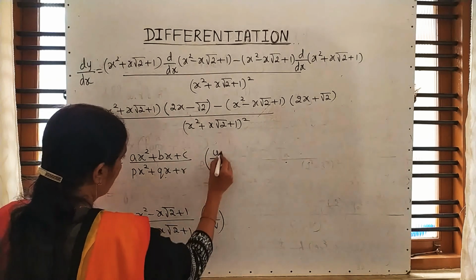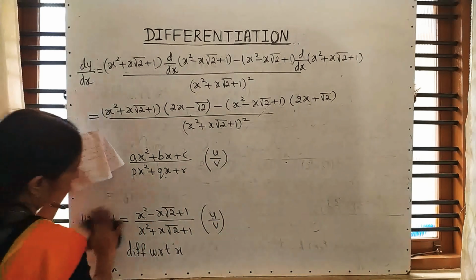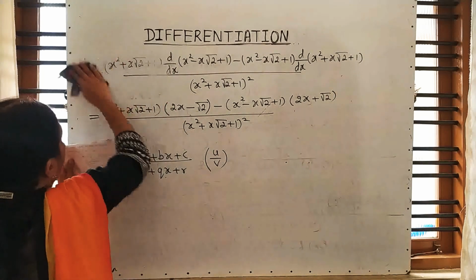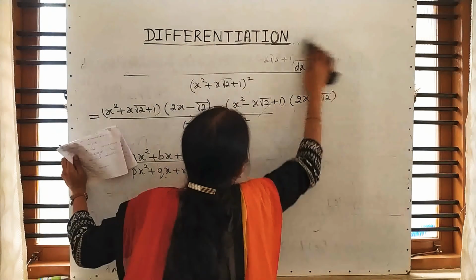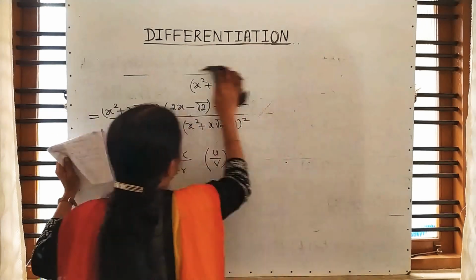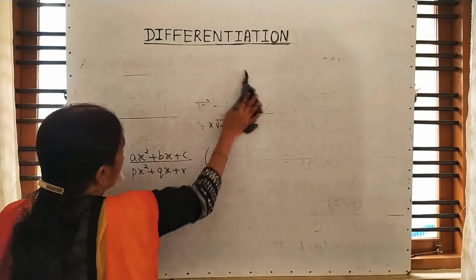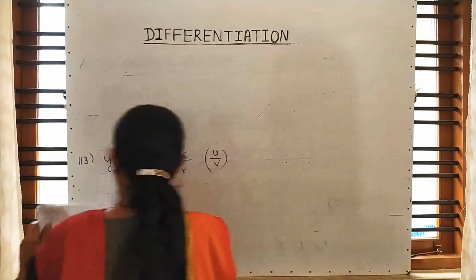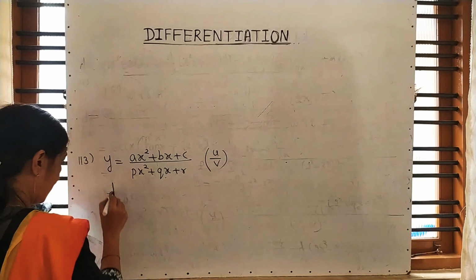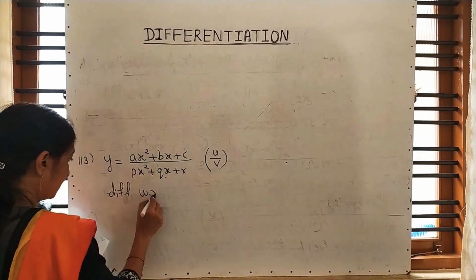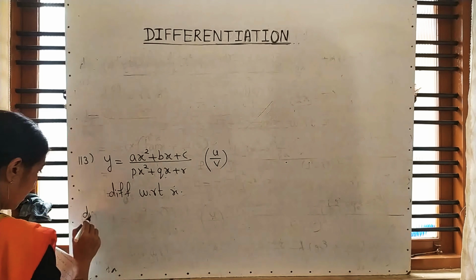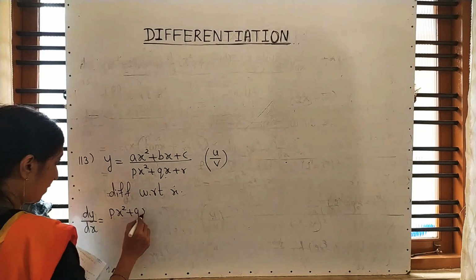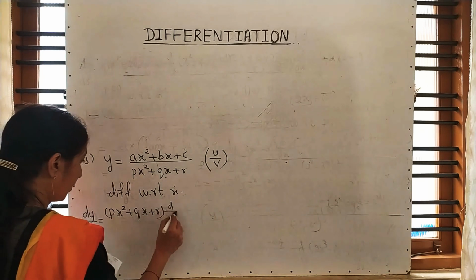Again this is nothing but u by v method. Differentiating with respect to x, dy upon dx is equal to px square plus qx plus r, because now the students are familiar with this formula.